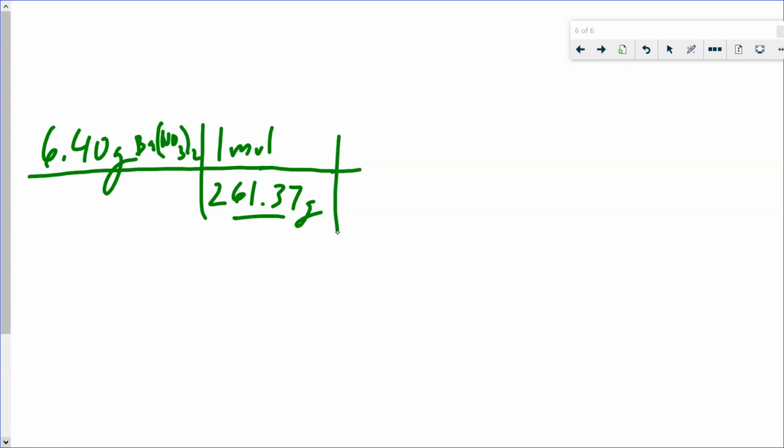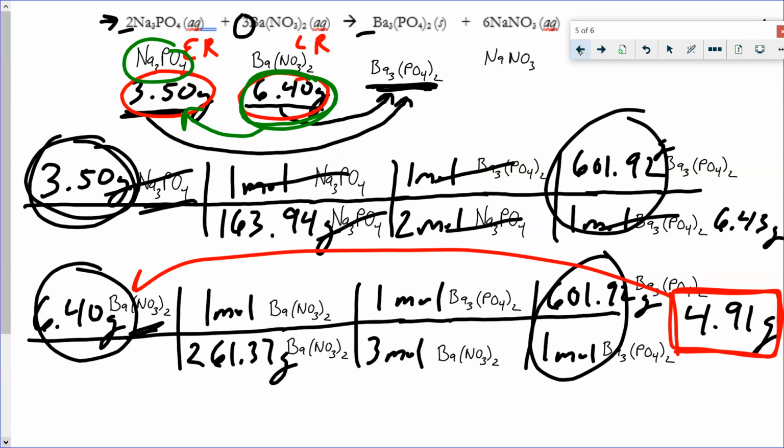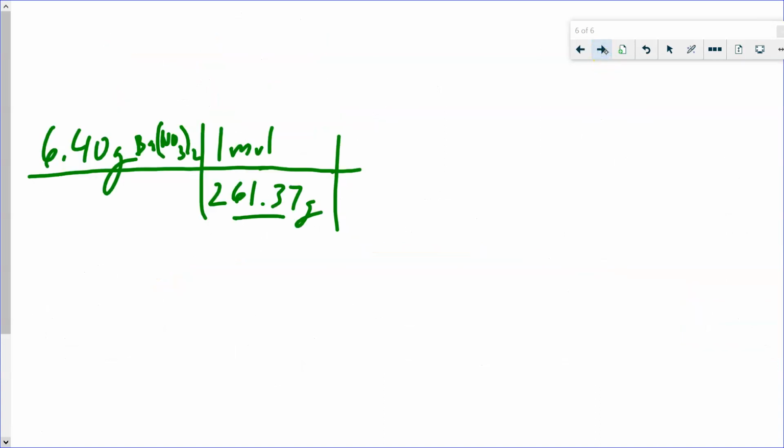Now I need the mole ratio, so go back to our reaction, and we see that it's a 3-to-2 ratio here. 3 moles of the barium nitrate will consume 2 moles of the sodium phosphate. And now the last step is I want to get this to grams.